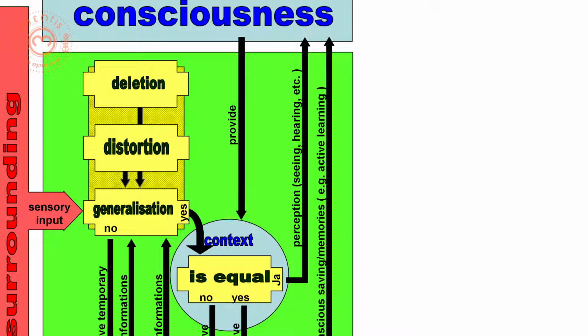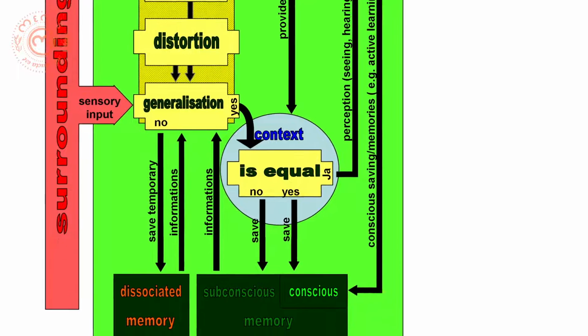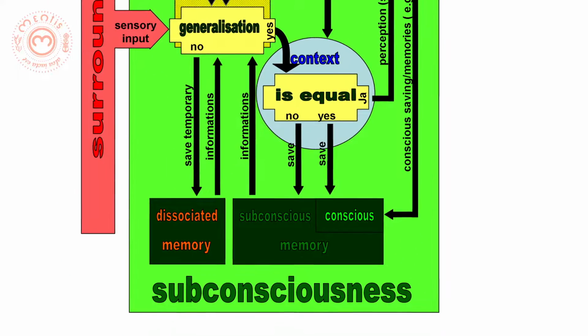What can you learn from this slide for practice? On the one hand, that all sensory impressions are stored, and that particularly unfamiliar stimuli are stored in a dissociated manner, which means that they cannot be reached consciously. In practice, this is always the case when we are in an extreme situation. Psychiatrists may call it a trauma.